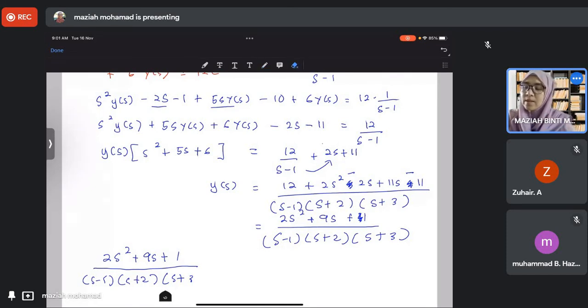Alright, Y(s) will equal to, if you refer to function number 3, A over S plus 1 plus B over S plus 2 plus C over S plus 3.